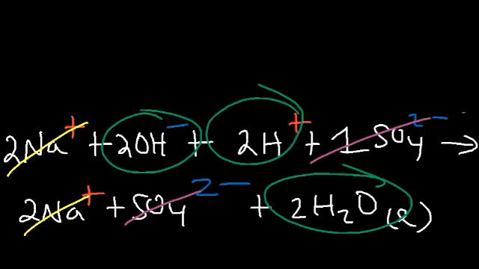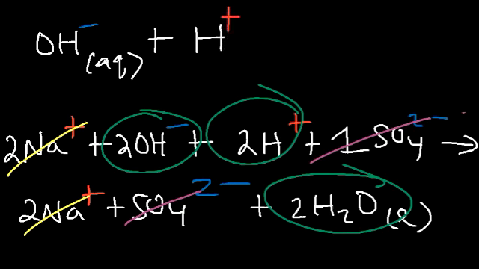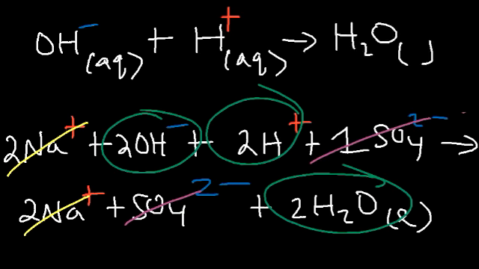Let's divide the coefficients by 2. So it's going to be 1 hydroxide, which is in the aqueous phase, plus 1 H+ ion, or hydrogen ion, in the aqueous phase. And this is going to produce liquid water. So this is the net ionic equation for this acid-base neutralization reaction.